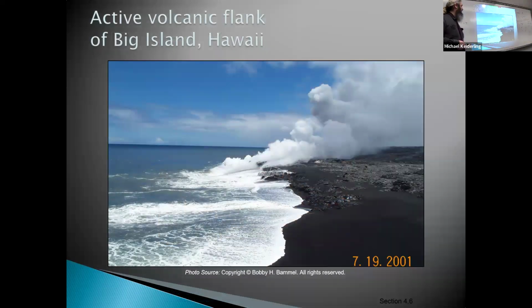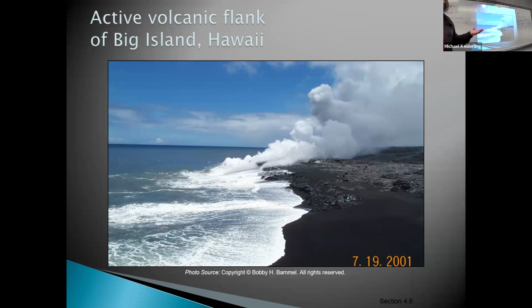Here is some natural geothermal energy being generated. This is an active volcanic flank of the Big Island of Hawaii. This is where lava is dumping into the ocean, because Kilauea on Hawaii is the most continuously active volcano in the world.